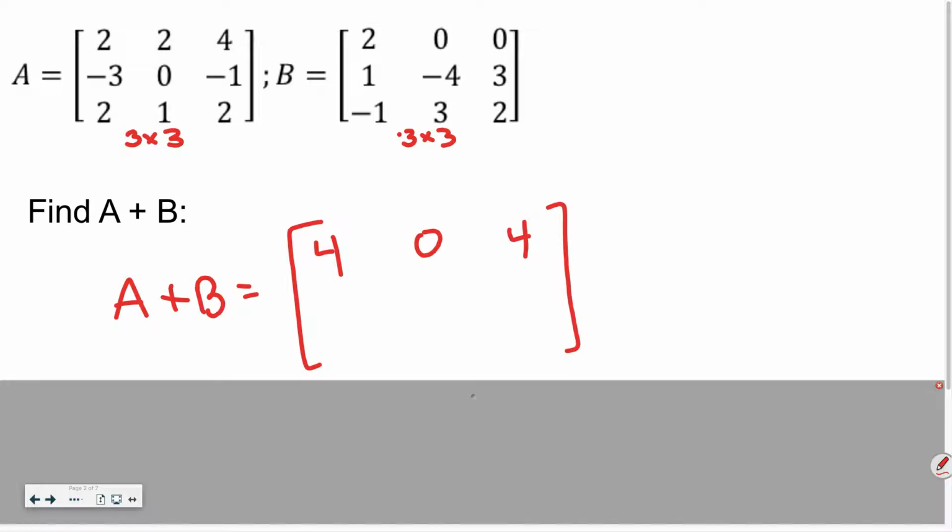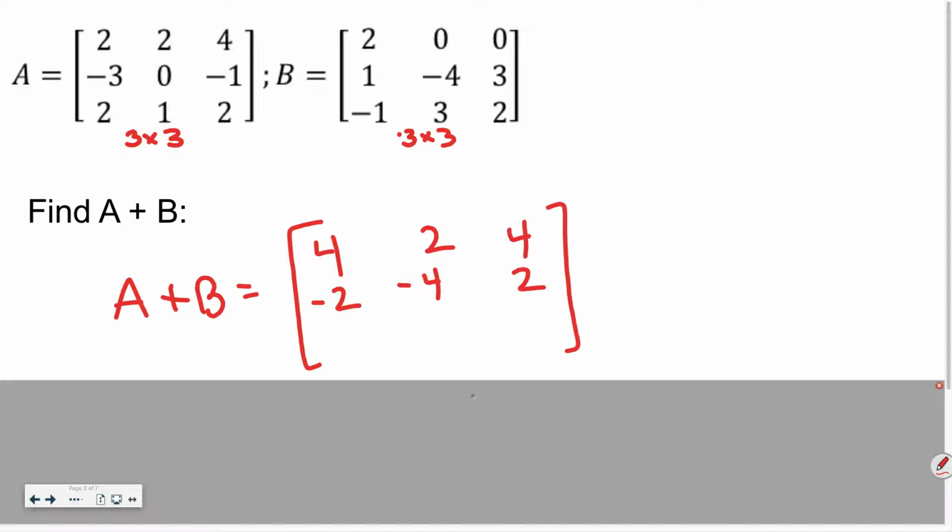Okay, now we can move to the second row. Some of you may have already done this ahead of me. Okay, we have -3 plus 1. 0 plus -4, -1 plus... Yep. You see how easy it is to make a mistake, though? Okay, so be careful, even though this isn't taking a lot of brain power.